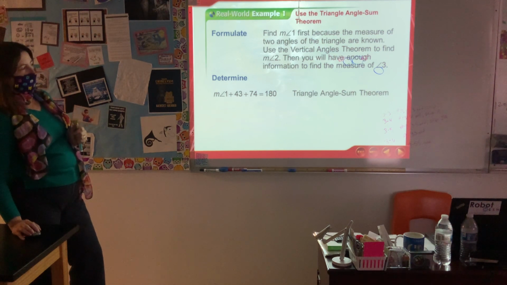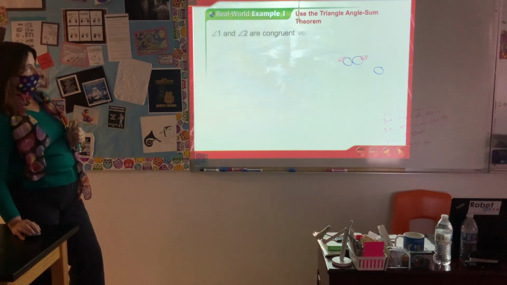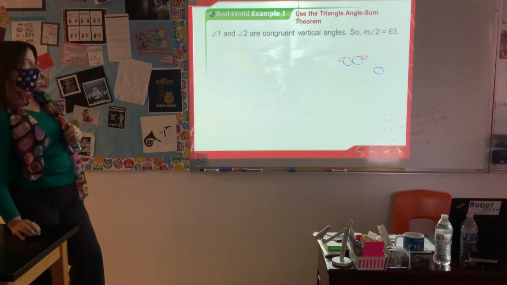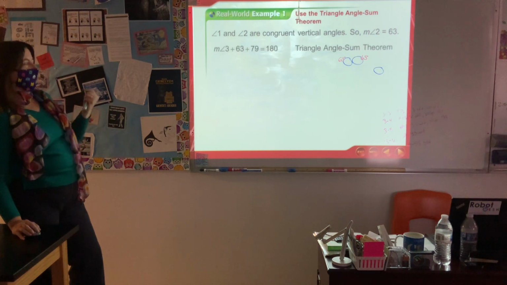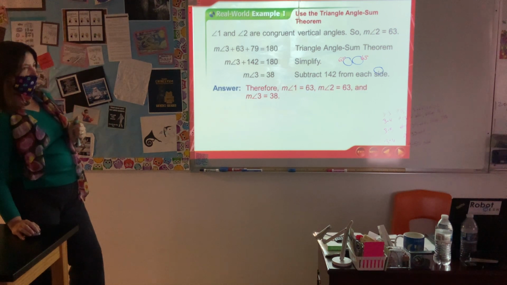They use the triangle angle sum theorem and determine that the measure of angle 1 is 63. From that, we know that 1 and 2 are congruent, so the measure of angle 2 is 63 because of the vertical angles. Use the triangle angle sum theorem again, and we find that the measure of angle 3 is 38. And that's exactly what we got.